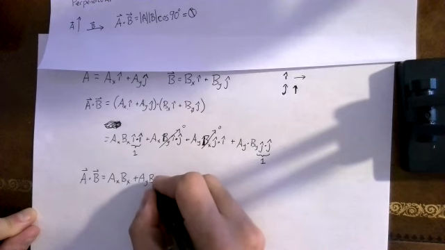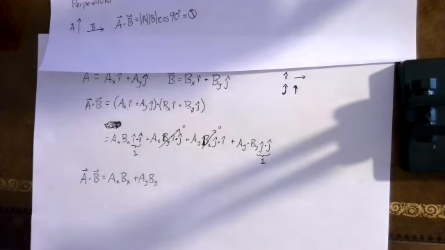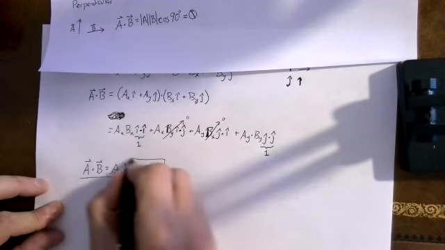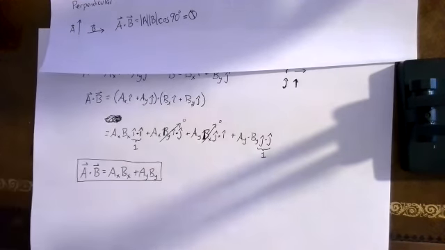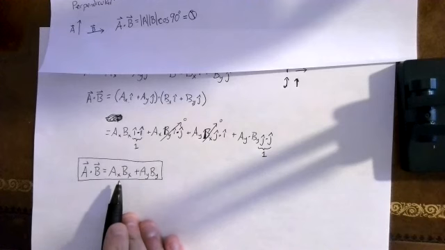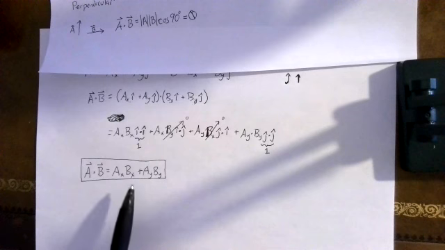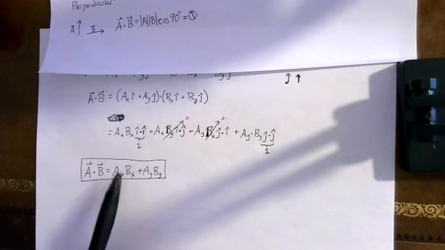Those aren't vectors anymore, you just multiply them together normally. So this is another useful equation. If you need to take the dot product of two vectors and you know their components, but maybe not necessarily their magnitudes or angle, this is a quick way to find the dot product. We just multiply the x components together, multiply the y components together, and add them up.